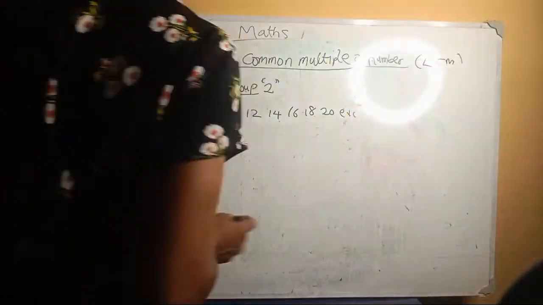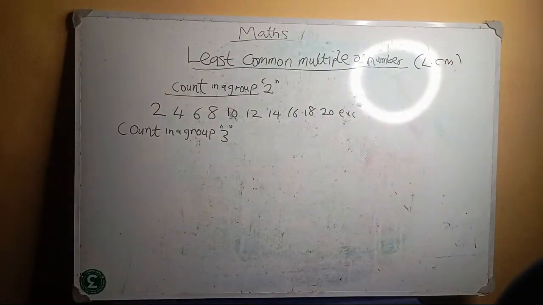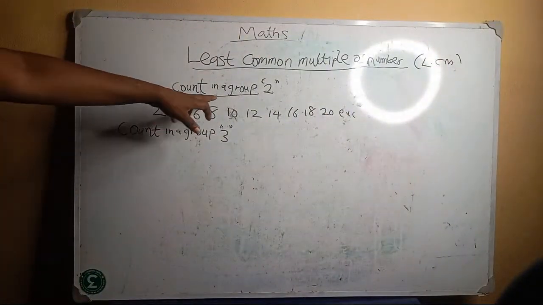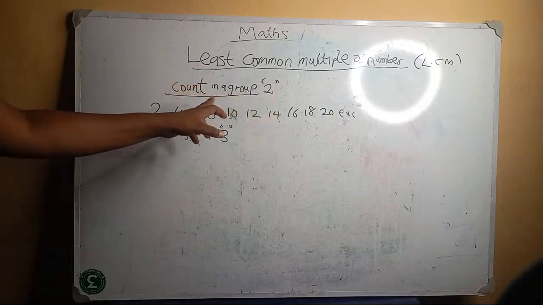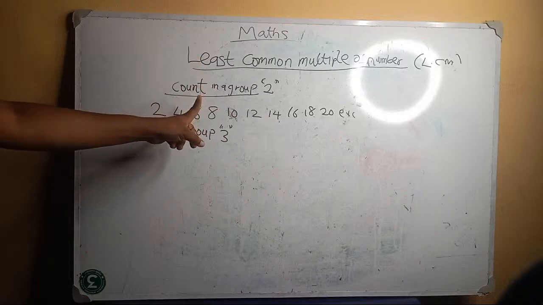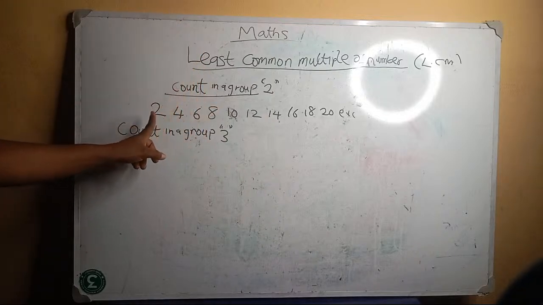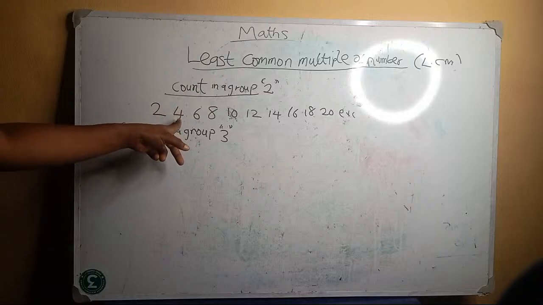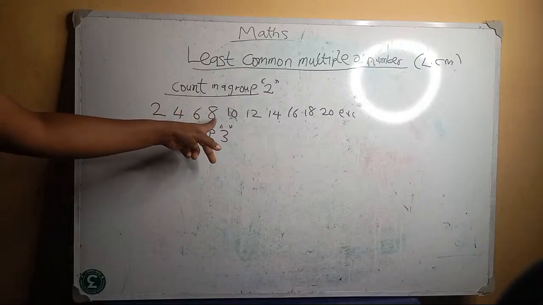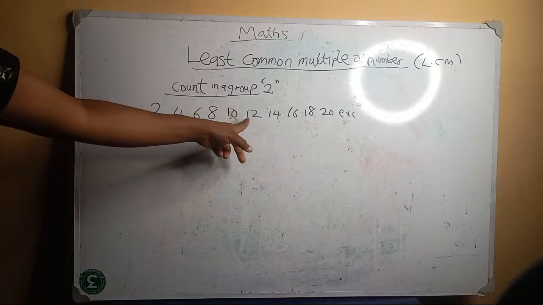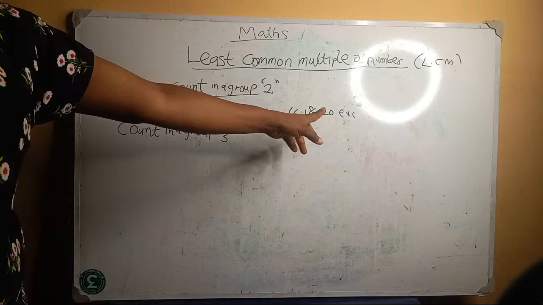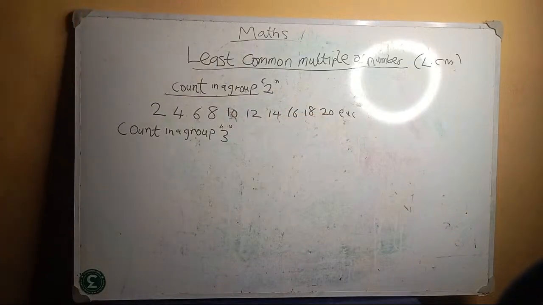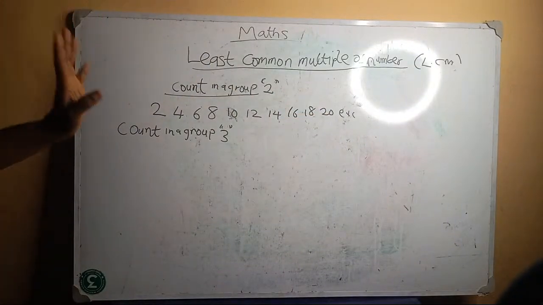So coming here now, we have counted in a group of 2. It means the numbers that 2 can divide and it will have no remainder: 2, 4, 6, 8, 10, 12, 14, 16, 18, 20, and so on and so forth.